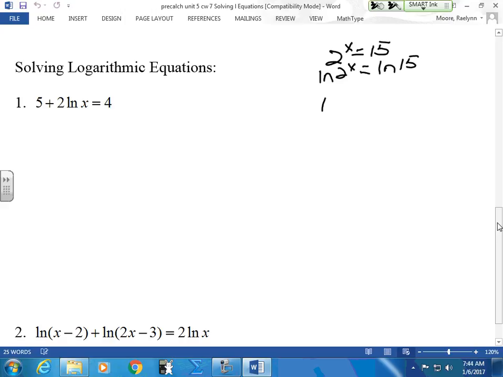If I have this, I can't put a log on that side. Okay, can't do that. So somehow I've got to get everything to one side, and I have to turn this into an exponential equation. So I'm going to isolate this right here. Just leave that there for a second.